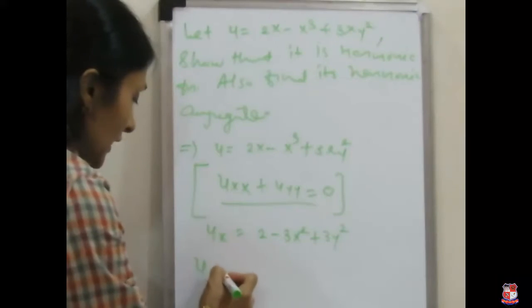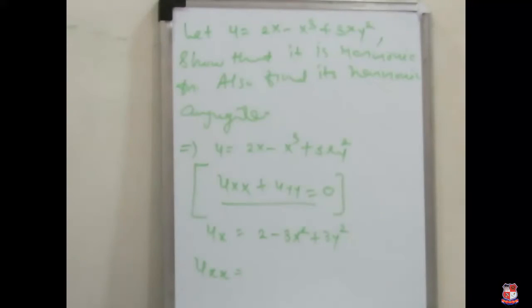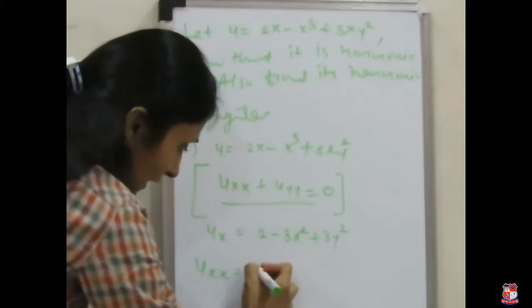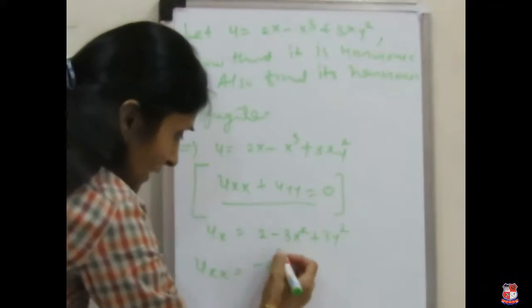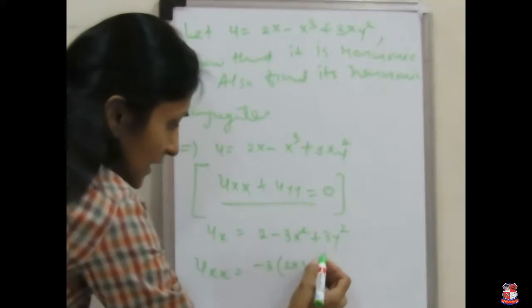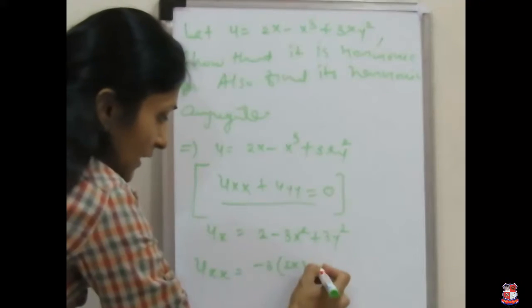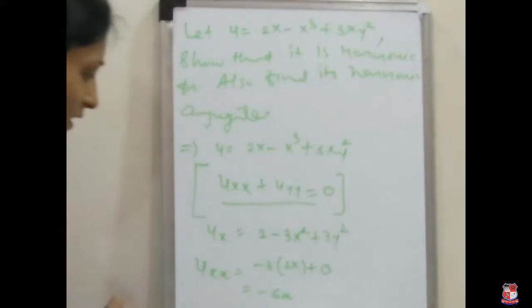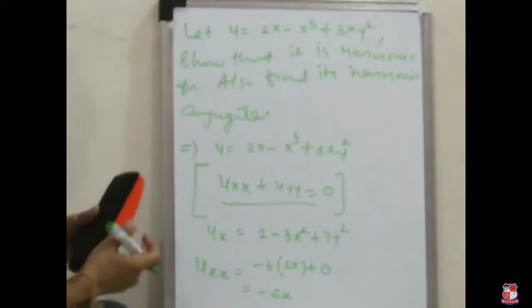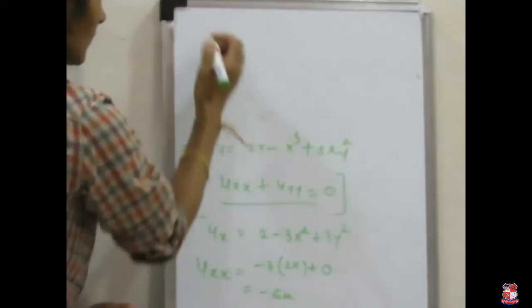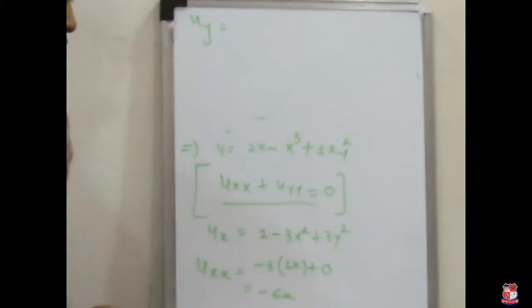Now we take the derivative with respect to x again. 2 is a constant, so that is 0, minus 3 times the derivative of x square, that is 2x. The term 3y square is a constant, and its derivative is 0. Our answer is minus 6x. Now we find uy, the derivative with respect to y.